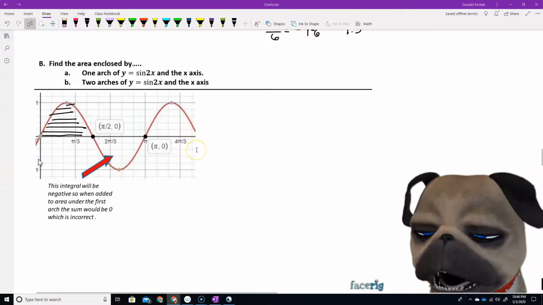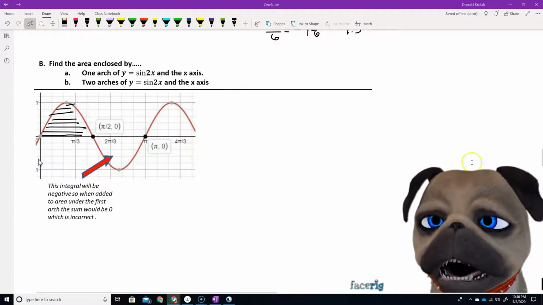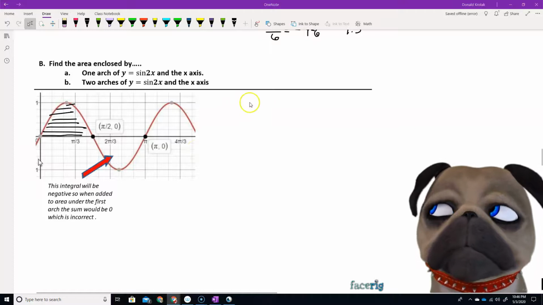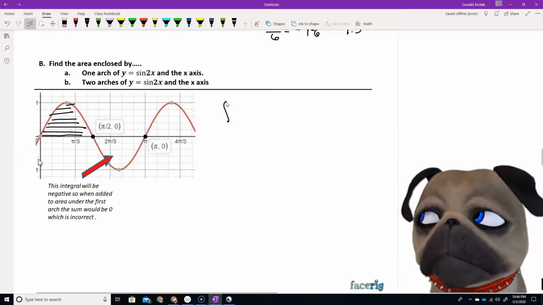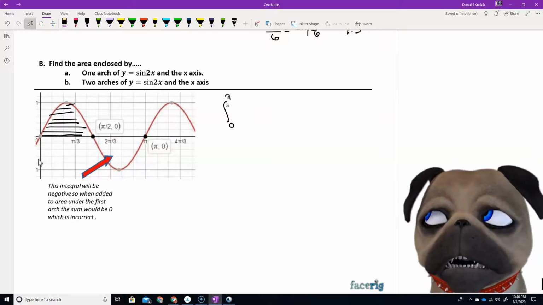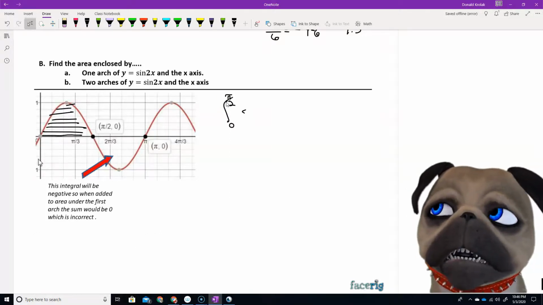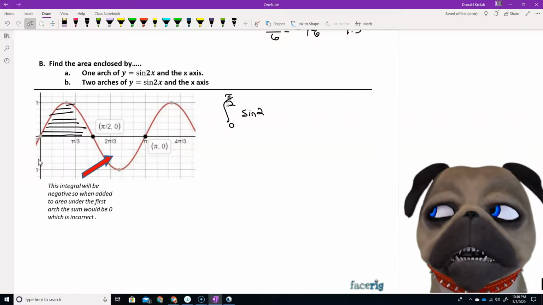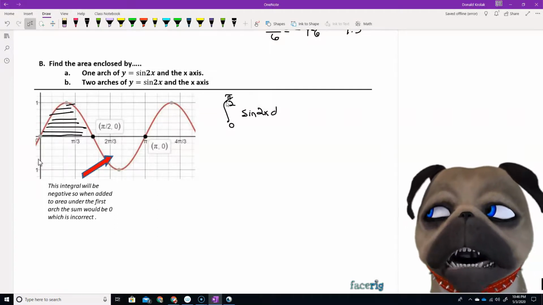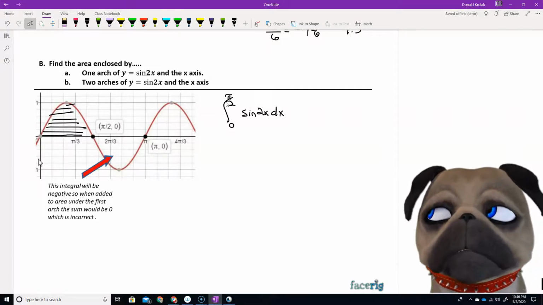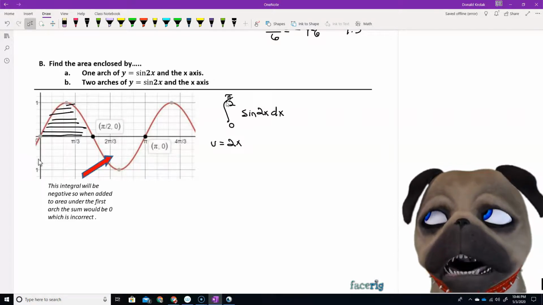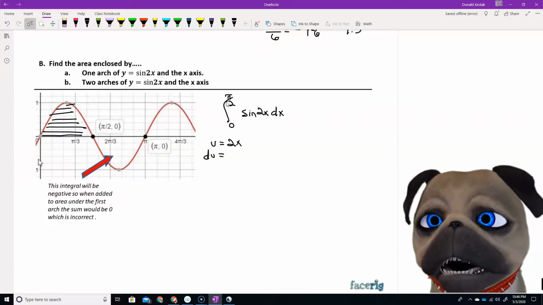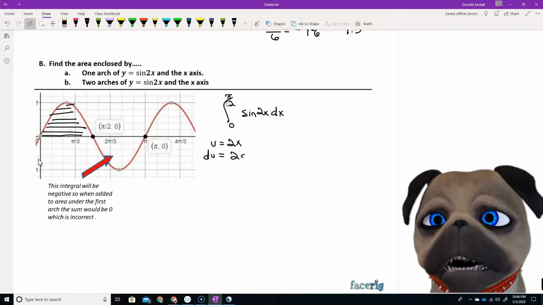So if we were doing this old school, we would be going from 0 to pi over 2 of sine 2x dx. So I could use substitution here. I'd let u equal 2x, du equals 2 dx.